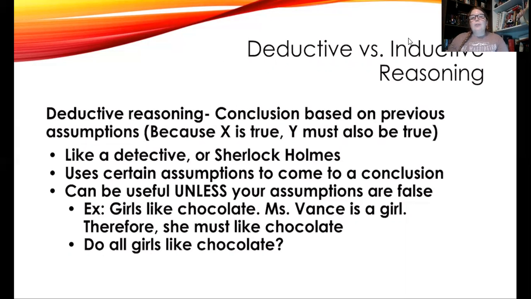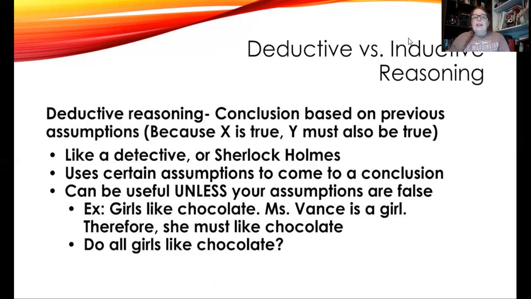So we're going to base our conclusion or our answer to a problem on information we already have. So because this is true, then this other thing over here must also be true. If you have ever seen Sherlock Holmes or anything like that, he uses deductive reasoning. But you know, Sherlock Holmes usually gets his guy, so it must be good, right?